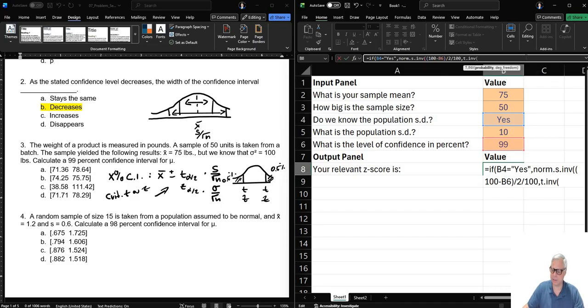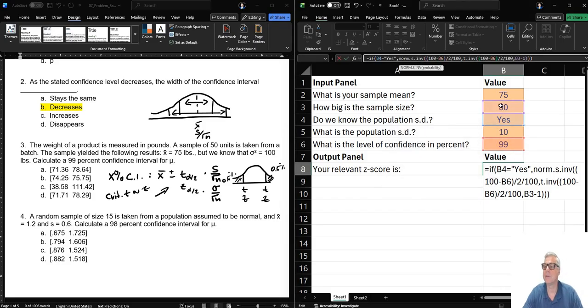So now the probability is again determined by, open parentheses, 100 minus the confidence level, 99, then divided by 2 and divided by 100. Okay. So now we need to identify the degrees of freedom, and we know that is equal to the sample size. So I click to the answer next to how big is the sample size, and I subtract 1. And then we close that formula.